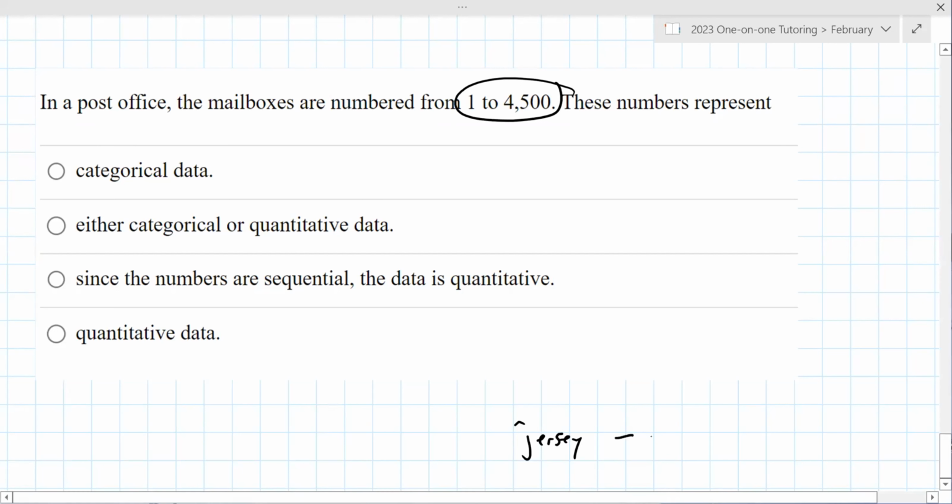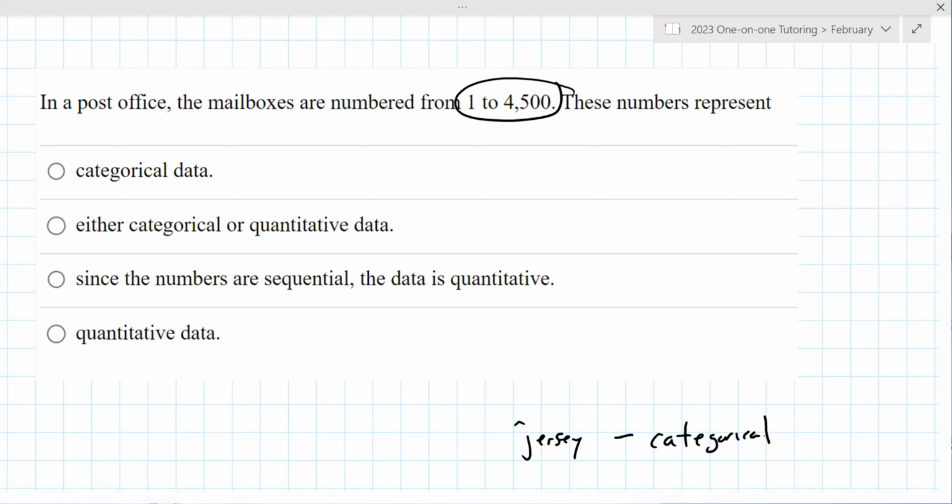So with the jerseys, they're categorical. Okay, but the question is, are mailboxes different than jerseys? I start to think of addresses as telling you how far away you are from the center of town in some regard, but I think of these as just categories.